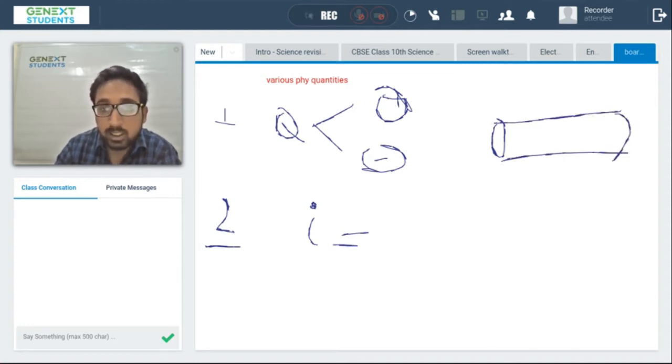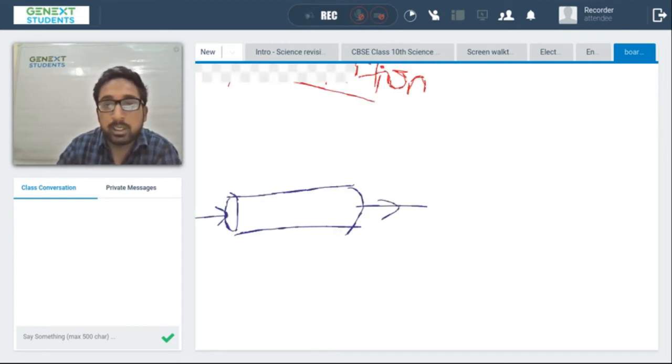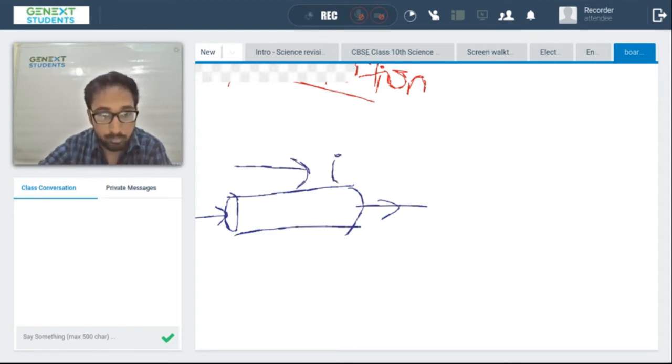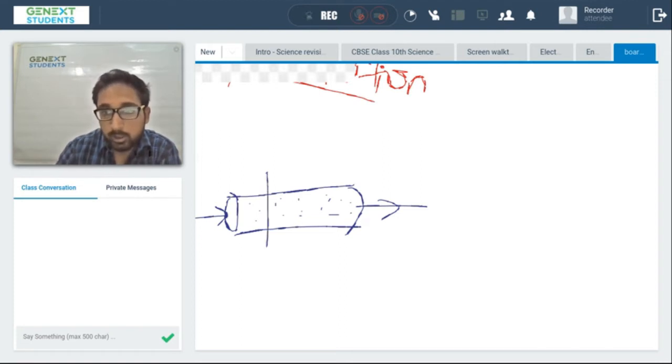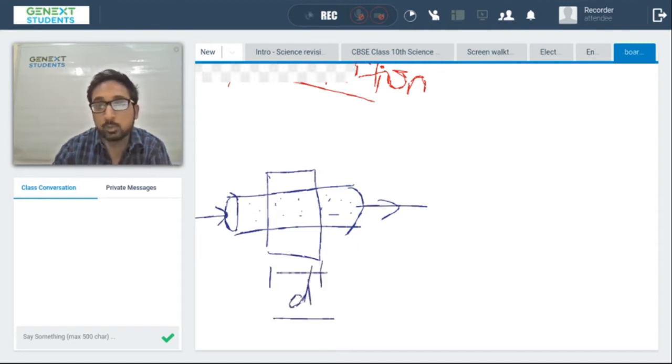So let's assume that it is a conductor and current is passing through this conductor. Let's say there are electrons or charges, whatever you call it, in this conductor.